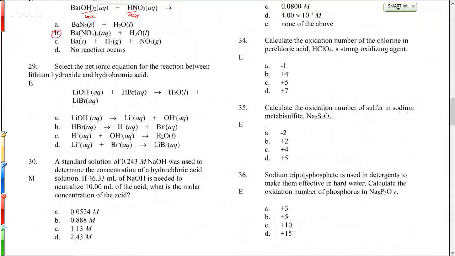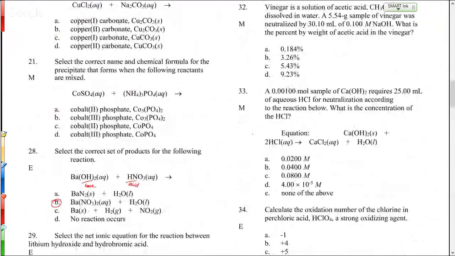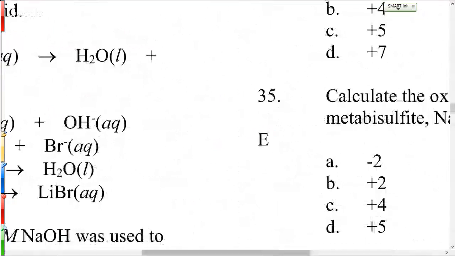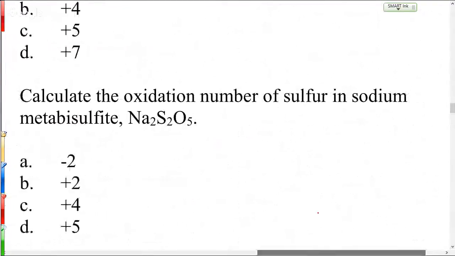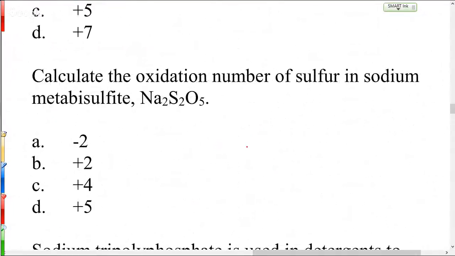All right, let's practice this oxidation reduction, then we'll get into the calculations. Sodium metabisulfite is a compound that's used in a lot of ways, but one thing it's used for is to stop fermentation in brewing and other types of alcohol manufacture.